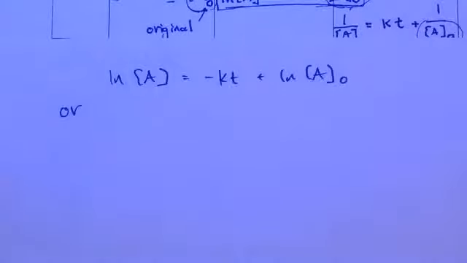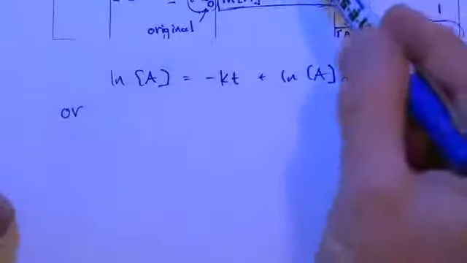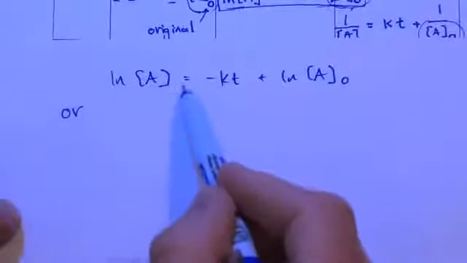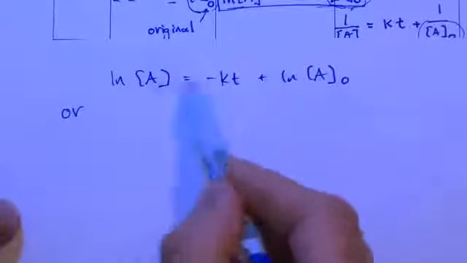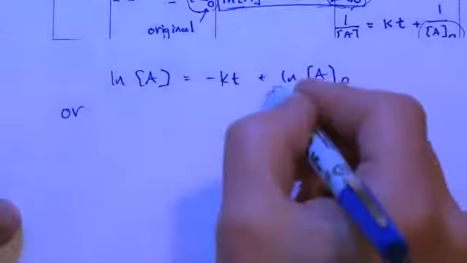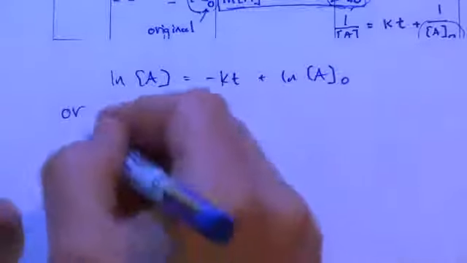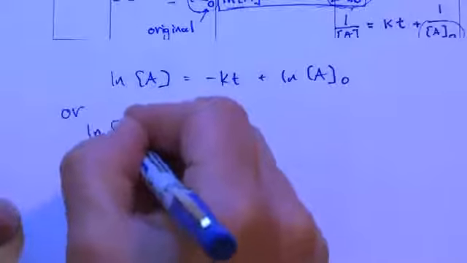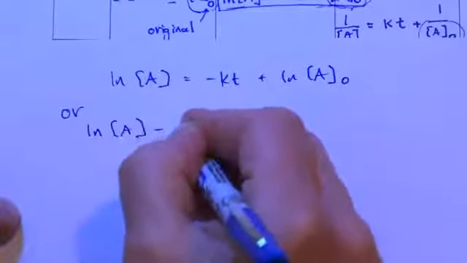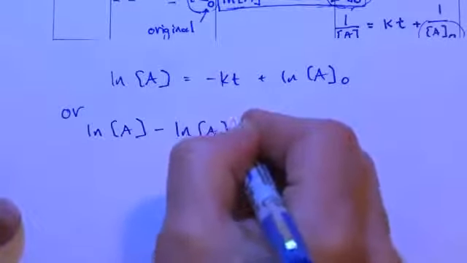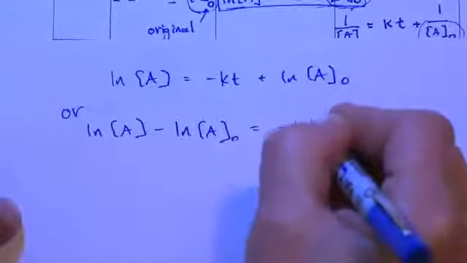To find the half-life of a first order reaction, remember the integrated rate law was this. Or if I simply subtract natural log of A naught from both sides, I get natural log of A minus natural log of A original is equal to negative KT.